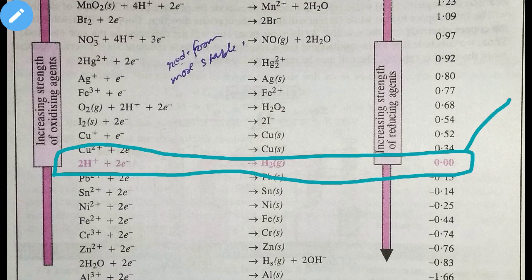If you say that you are 5 feet tall, you are measuring your height from some reference, and the reference is the ground. So from the ground you are 5 feet tall. Likewise, for measuring the standard electrode potential, there is a reference point, and that is the hydrogen electrode, okay? So the electrode potential of hydrogen is kept at 0 volt.